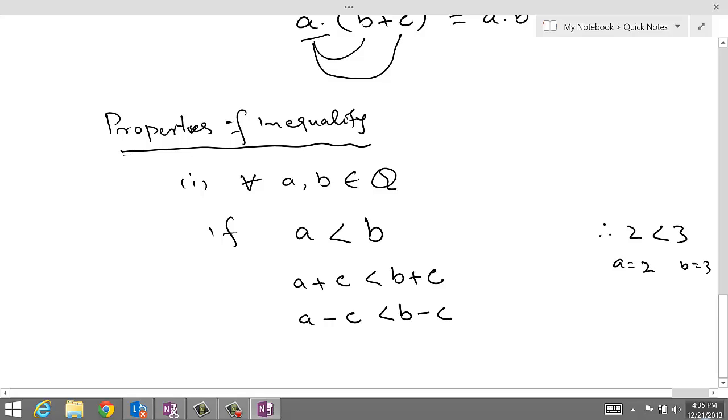What it really means is that if you have the inequality and you add a constant number on both sides, which in this case is c, we added c on the left side, we added c on the right side, it doesn't change the inequality. A plus c is still less than b plus c, and if you subtract a number, the same thing, it doesn't alter the inequality. So for all a, b belonging to Q, if a is less than b, then a plus c is also less than b plus c, and a minus c is less than b minus c.